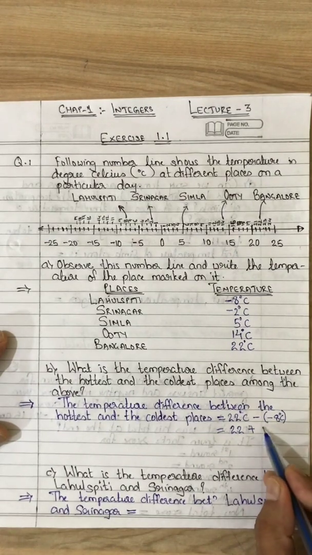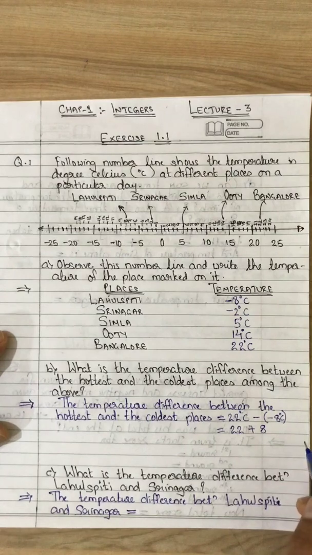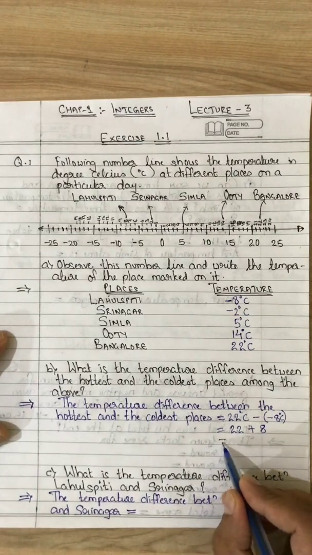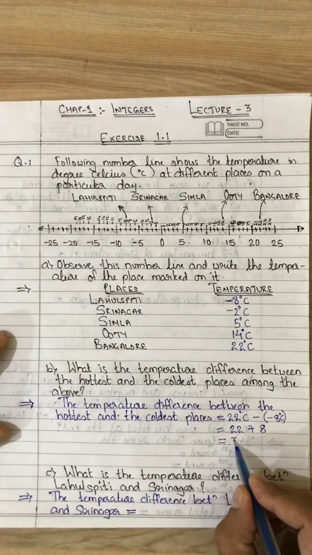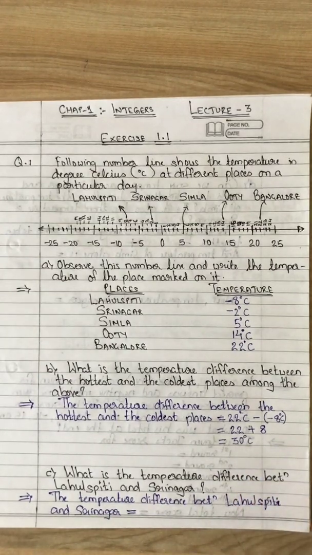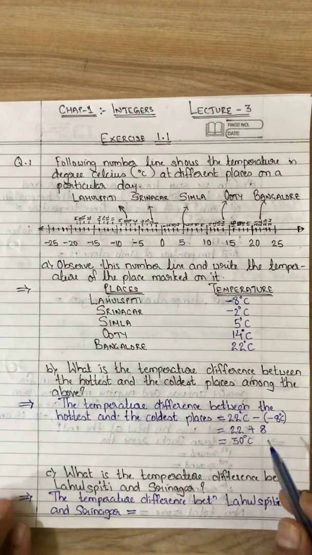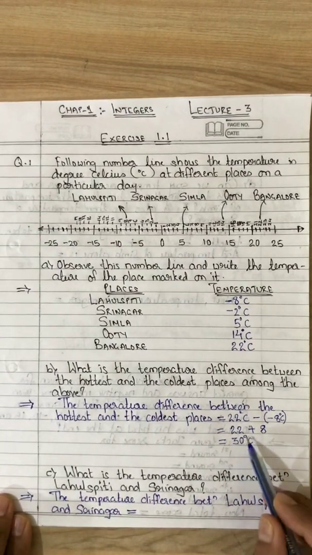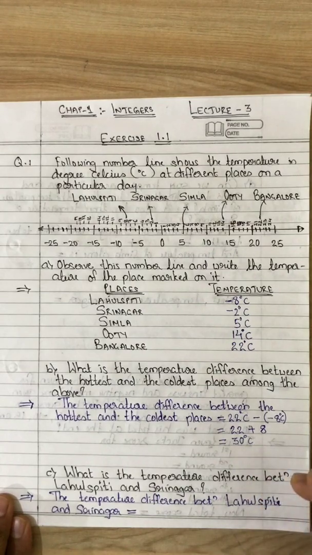Additive inverse of -8 is 8. So the difference is 30 degree Celsius. Understood students? So the difference is 30 degree Celsius. If you didn't understand the calculation, please watch the second video lecture.